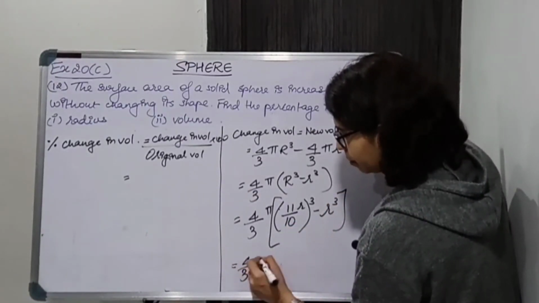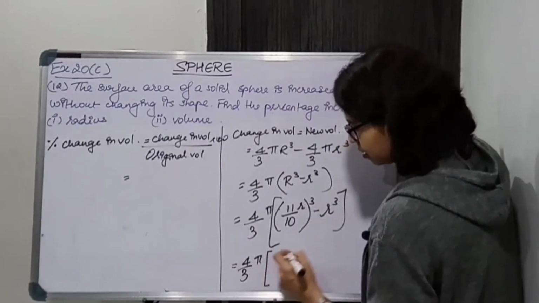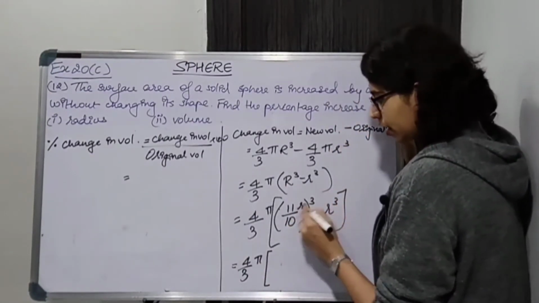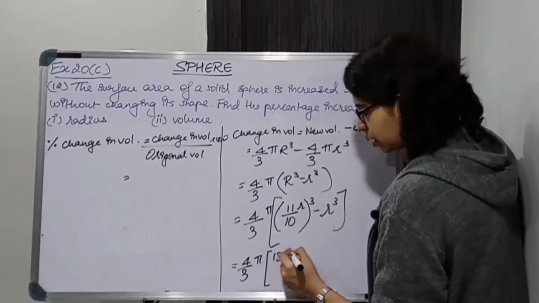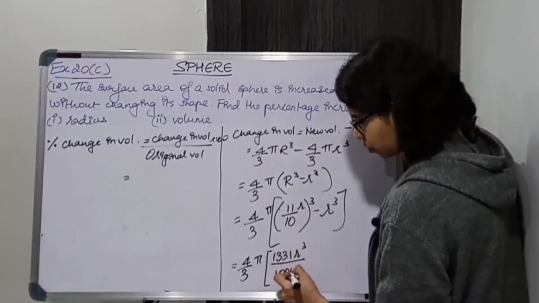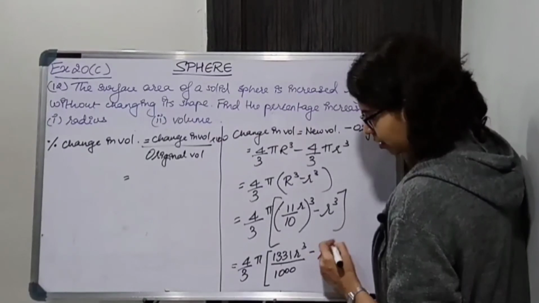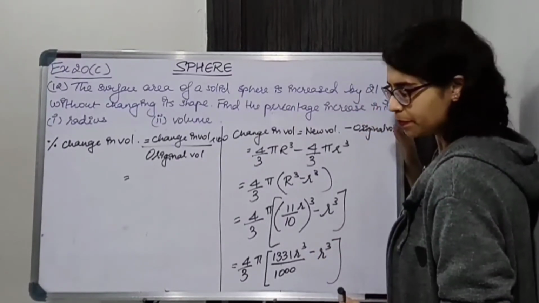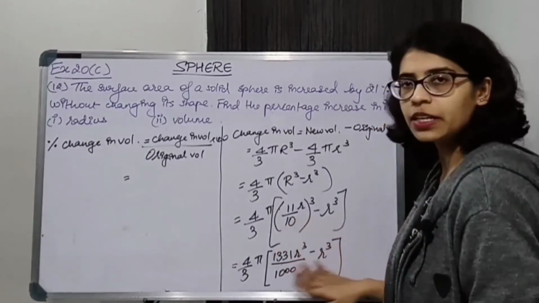So 4 by 3 pi, 11r, 11 का cube is 1331 and r का cube is r cube upon 10 का cube is 1000, minus r cube. Now we'll solve this inner bracket first.